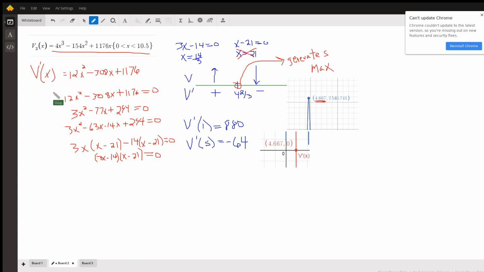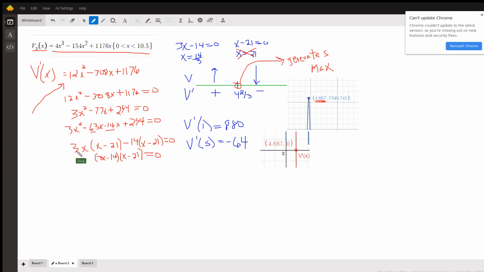Now, if you're using calculus, you would want to find the derivative of V, which would be this thing right here, and you want to know when does that equal 0. So, before I tried to solve this, I noticed that every term was divisible by 4. And then I found the prime factorization of 3 times 294, and eventually figured out that I could split the middle, this negative 77, into 63 and a minus 14.